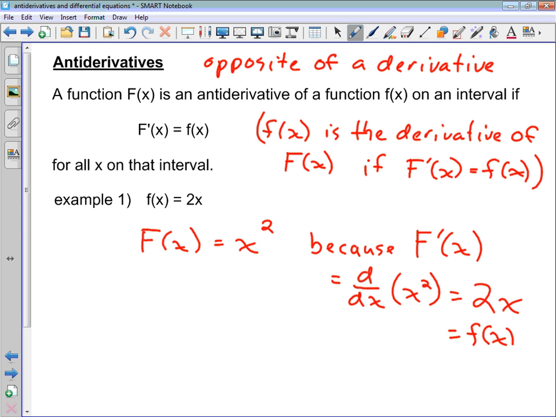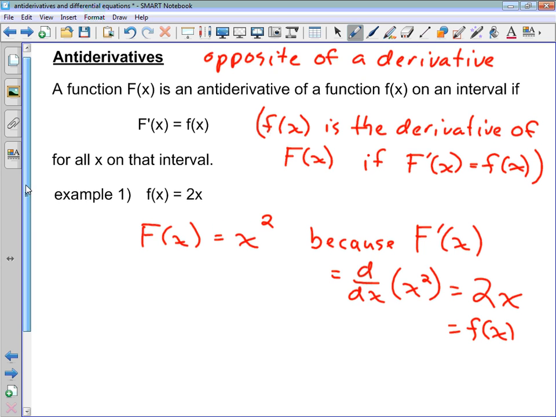So the antiderivative of small f of x equals 2x is capital F of x equals x squared.